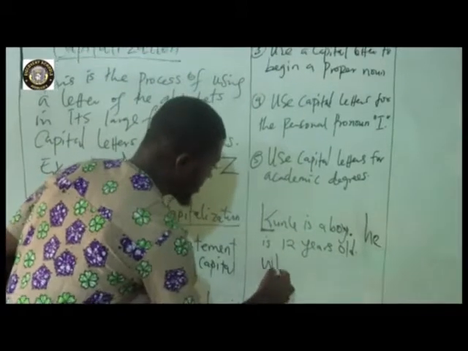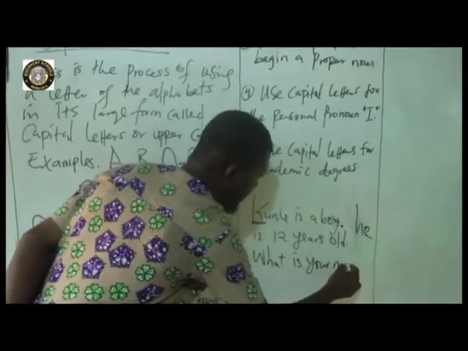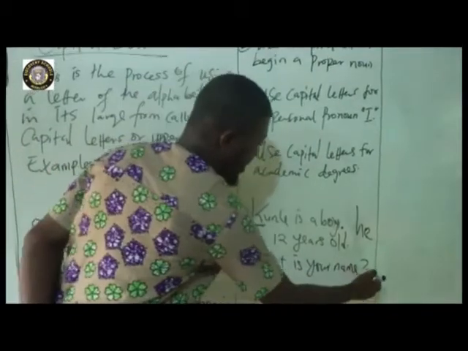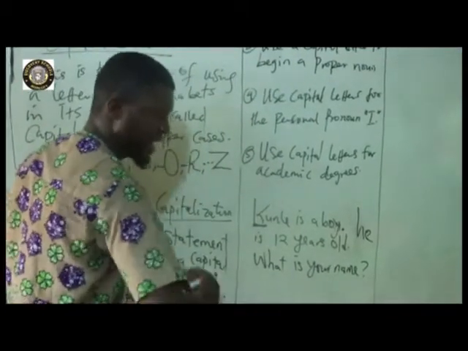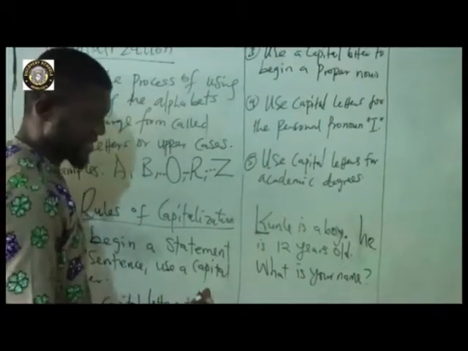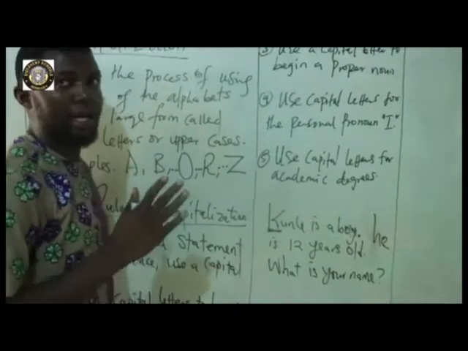Not only in cases where you have a full stop, you could have a statement like this. What is your name? Now, this is a question, right? Good. We have ended the sentence here. If we want to continue with the writing and we introduce another statement, that statement is going to commence with a capital letter.